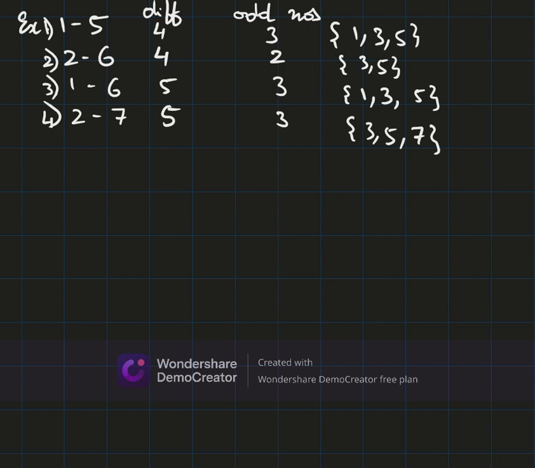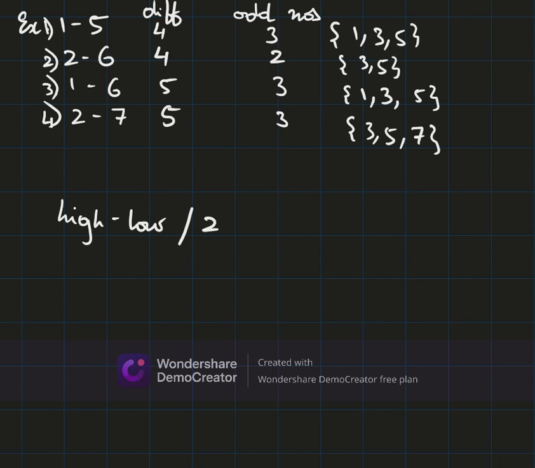So since it is all inclusive, one intuitive way to think of finding the odd numbers is that they appear more or less equally as much as even numbers. So one approach you can think of is to subtract high minus low and divide it by 2, so that you can get half of the range.